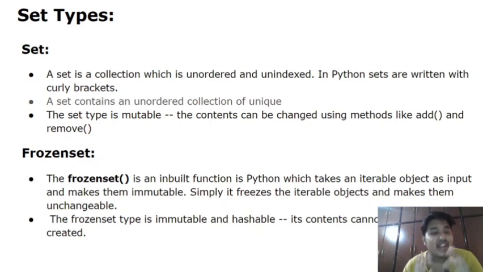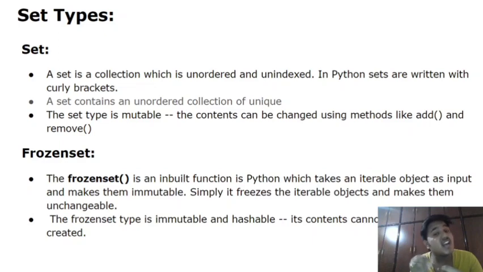Now coming to set data types, we have two data types available in Python. The first one is set and the second one is frozenset. A set is also an unordered collection of data. Let us revise what we have discussed. List and tuple are ordered collections, whereas dictionary and set are unordered collections.